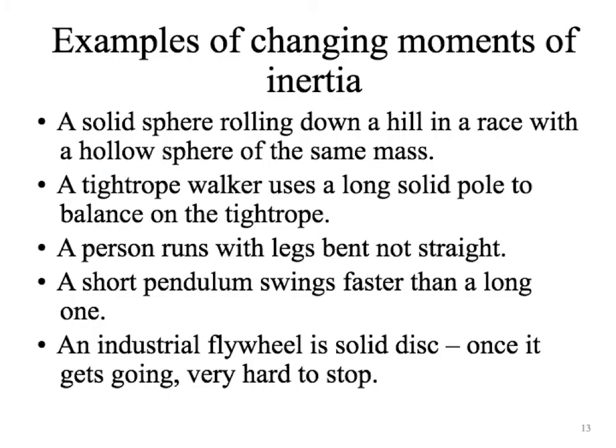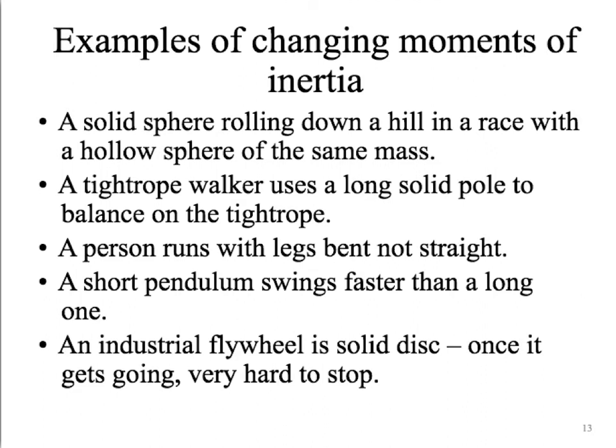Okay, so realizing that the farther the mass is from the center of rotation, the more rotational inertia something is going to have is an important concept. We did this one in class: the tightrope walker, or even just if you want to walk in a straight line, you put your arms out to the side.